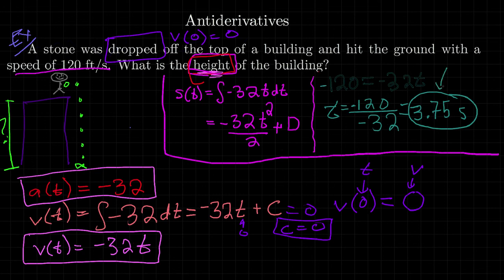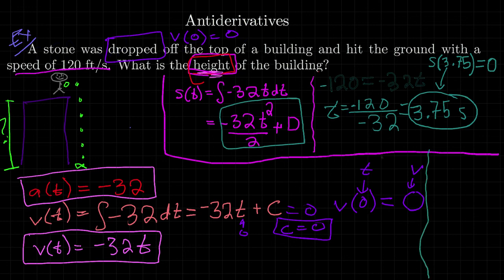Well, what's the position at 3.75 seconds? Since that's when it's on the ground, this is equal to 0. So then if I'm looking for d, what I need to do is use this one.